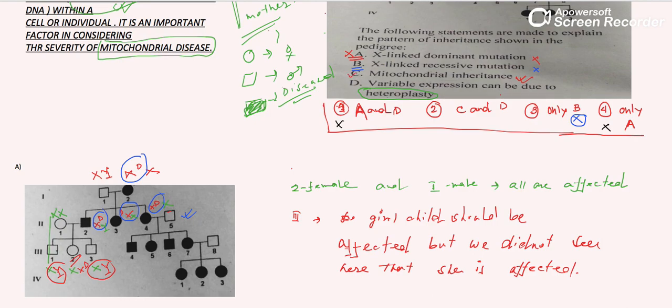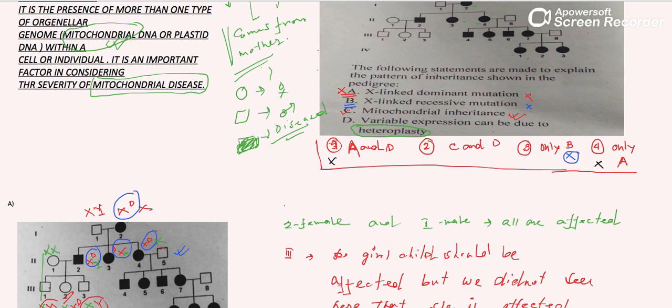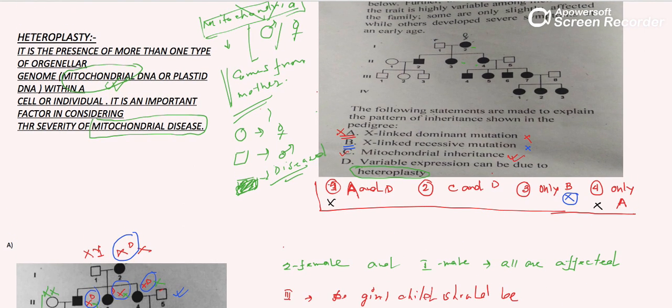And we have already found that we can find variable expression of heteroplasmy, and heteroplasmy is nothing but mitochondrial inheritance. It tells us about the presence of more than one type of organelle genome, that is mitochondrial DNA, or the mitochondrial genome. Heteroplasmy also shows the mitochondria.